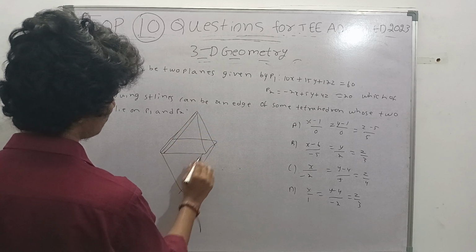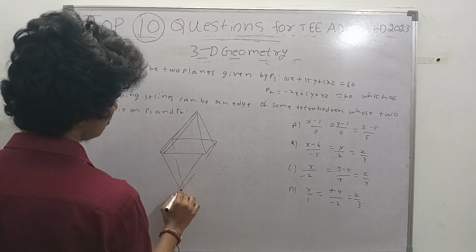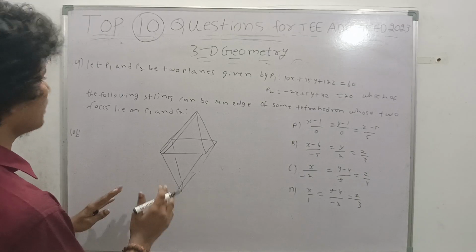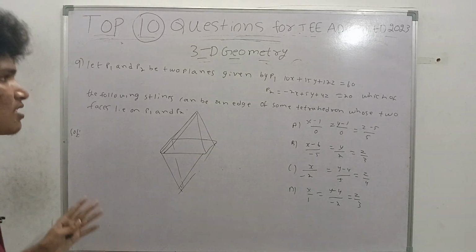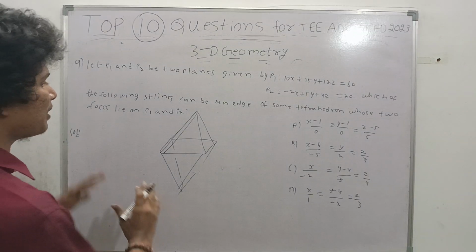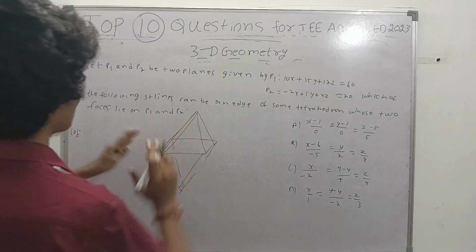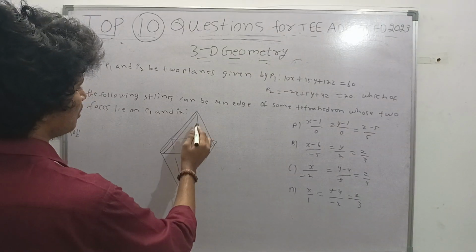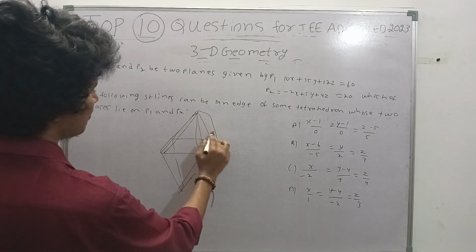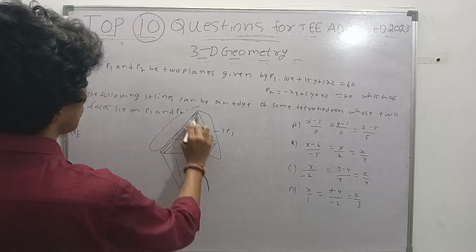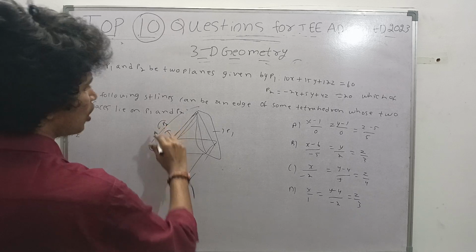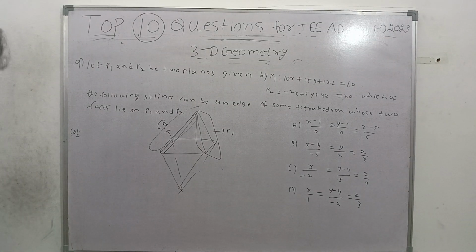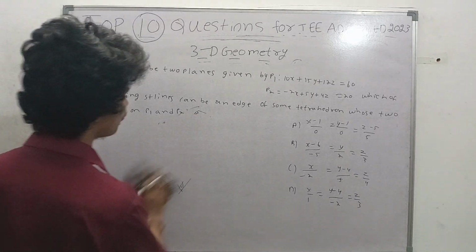This is the tetrahedron, and which of the following lines can be the edges of some tetrahedron if P1 and P2 lie on 2 faces. That is, if the tetrahedron's 2 faces lie on P1 and P2. Suppose we assume this as P1 and this as P2. So what are the straight lines which can possibly become the edges? That we have to solve.